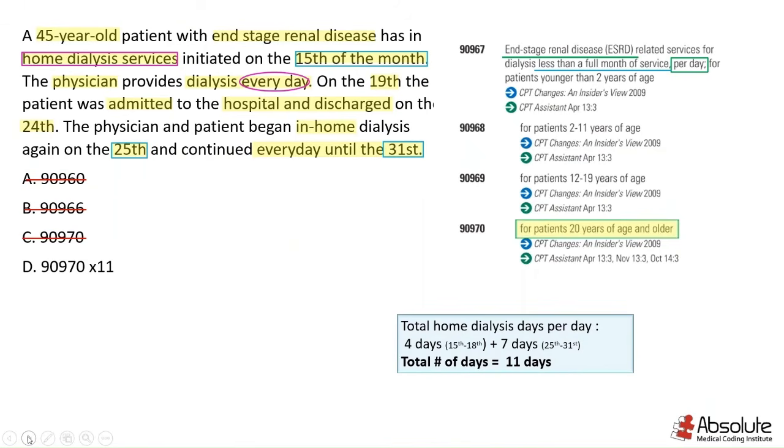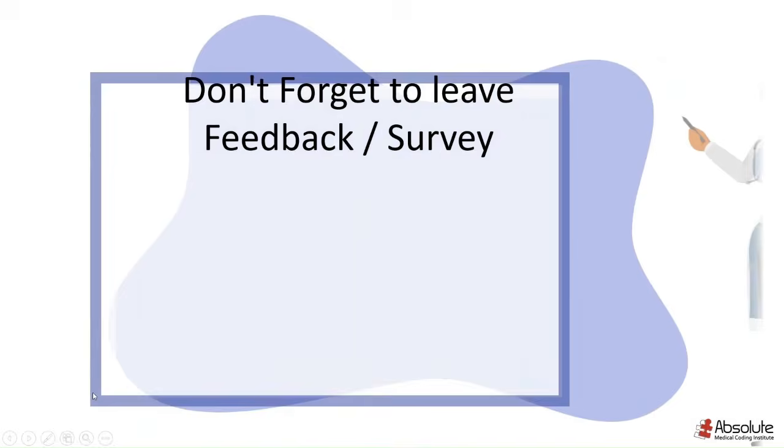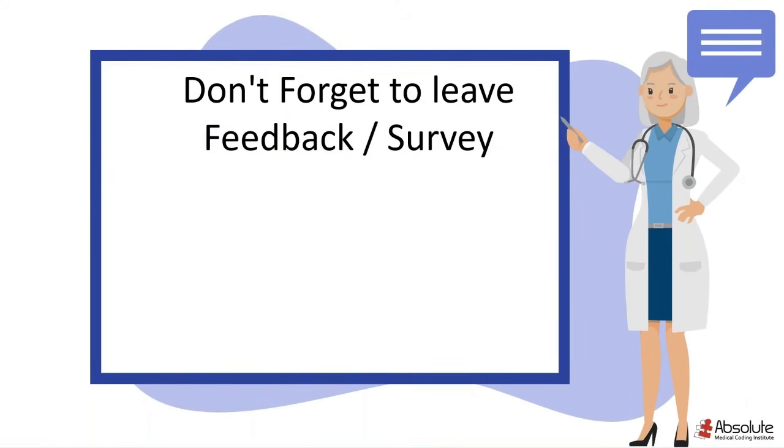So 4 plus 7 is going to be 11, and we have to append times 11 to the CPT code 90970 because there were 11 days of dialysis services provided. Fantastic, coders, you are all nailing this medicine section. Amazing. I'm so proud of you all. So the correct answer is going to be option D, and you all did a great job on those scenarios.